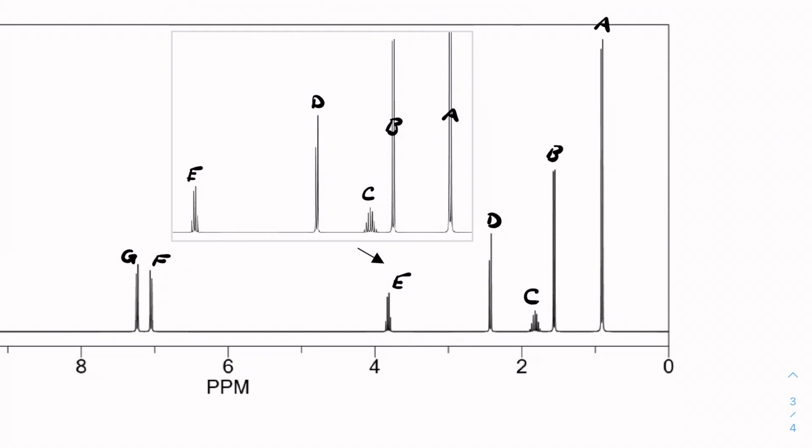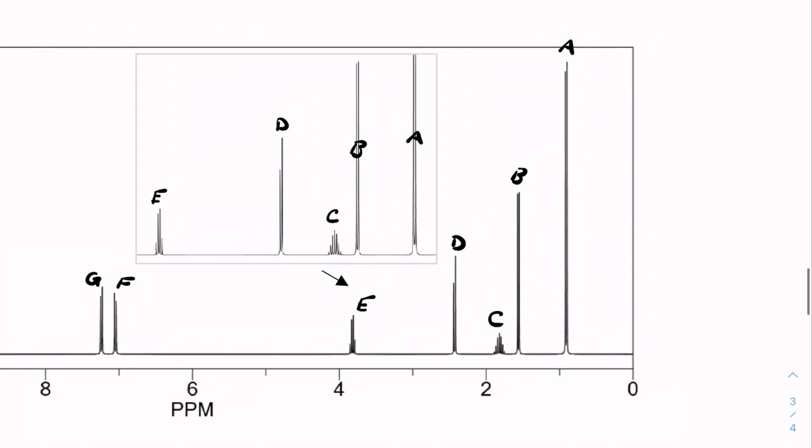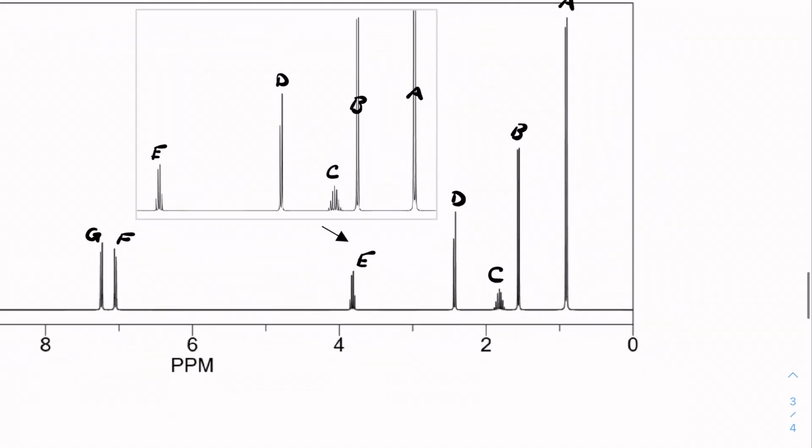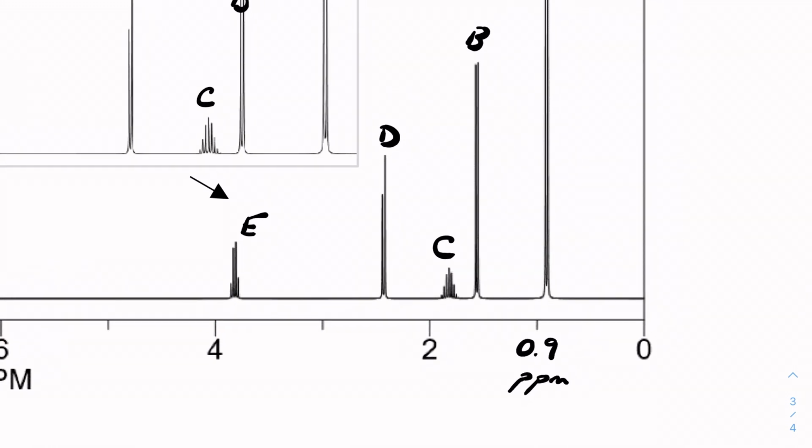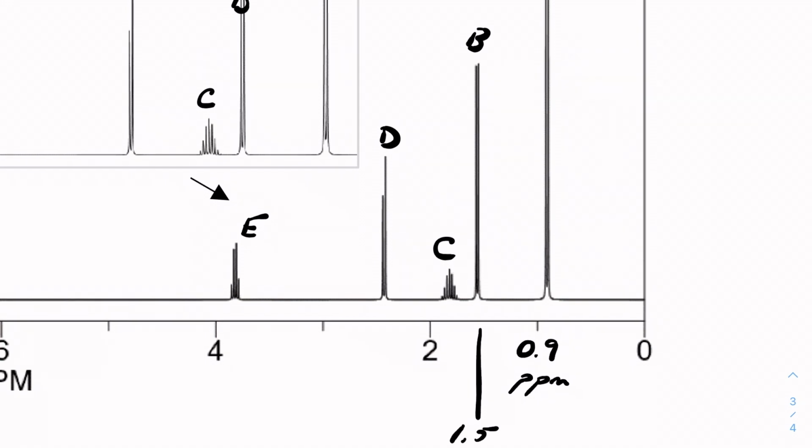So we're going to start off with signal A. Signal A, we've got a location of about 0.9 ppm. Signal B, I would say that's about 1.5 ppm. Signal C is about 1.8 ppm.